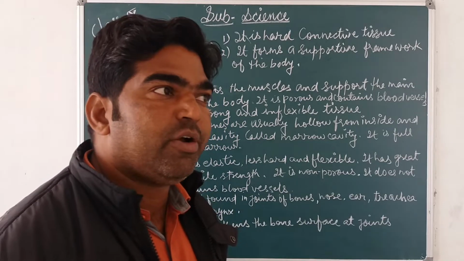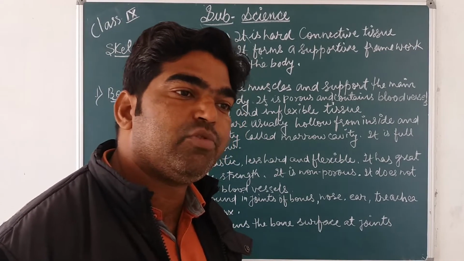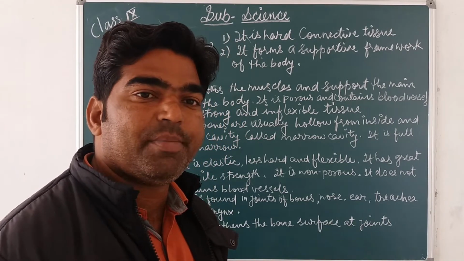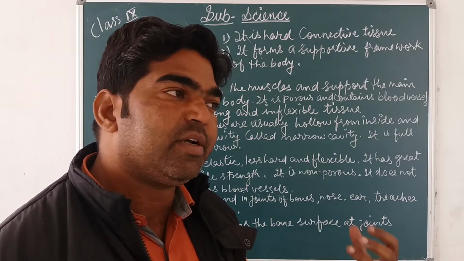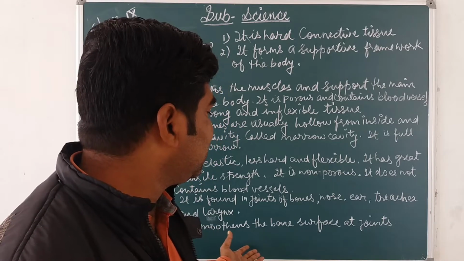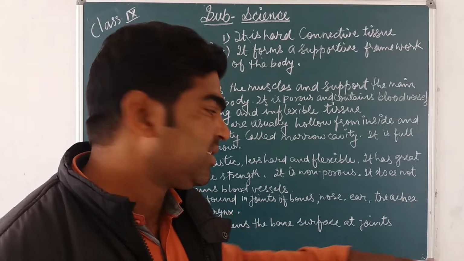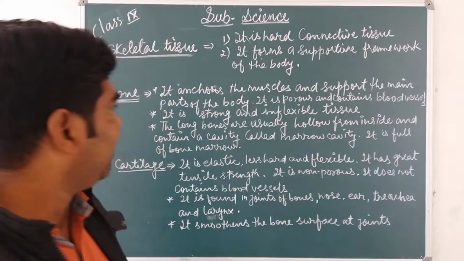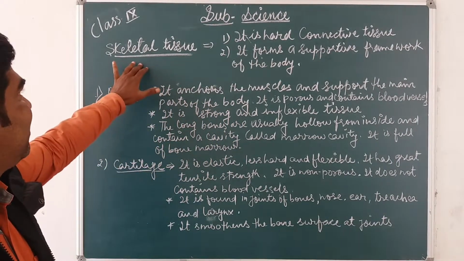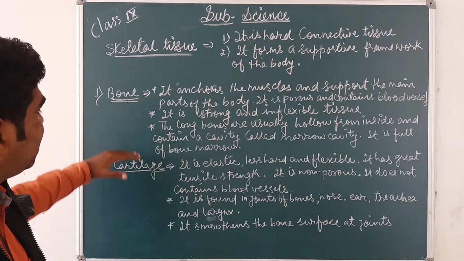यानी जो जॉइंट सरफेस होती है वो काफ़ी स्मूथ होती है, ताकि इजीली हम उसको मूव कर सके, फोल्ड कर सके, बैंड कर सके, because of this smoothness, and this smoothness is provided by this cartilage. So these are the skeletal tissues, and these are the two different types of skeletal tissue.